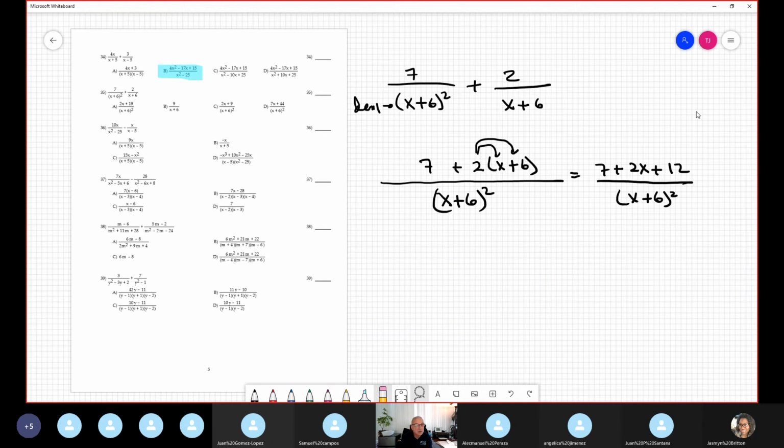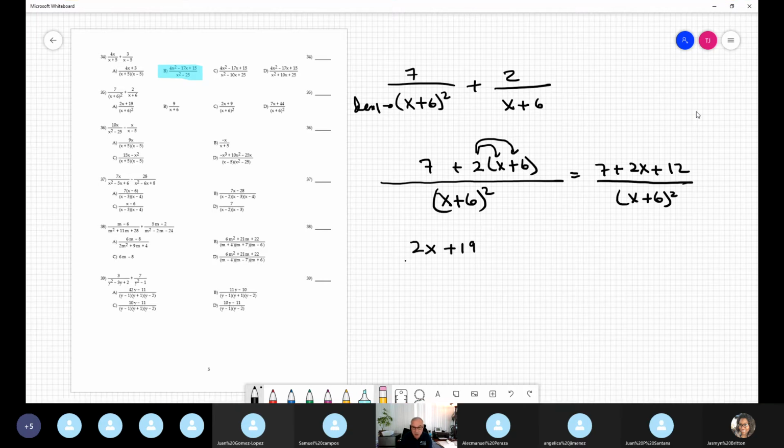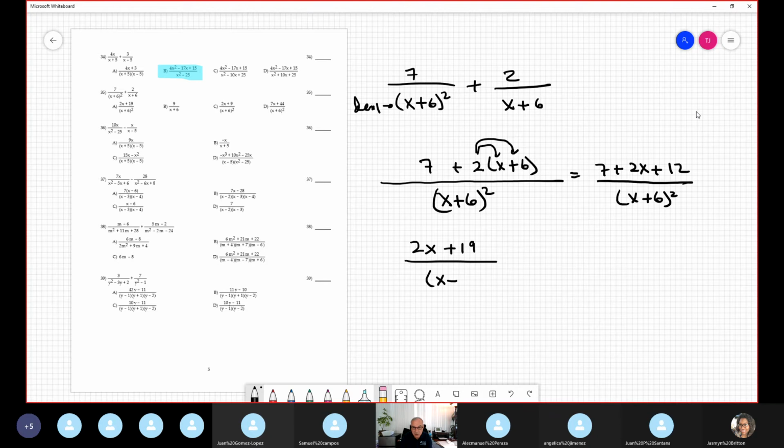It's 2x plus 19 divided by x plus 6 squared. It's option A. Boom. Okay, it's done. Any questions?